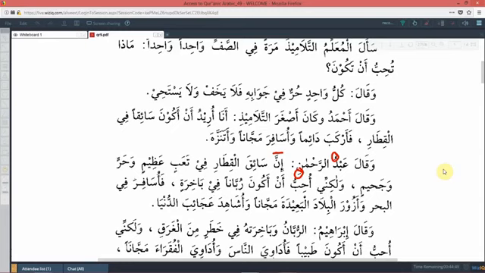Inna sa'iq al-qitar. Indeed, the driver of the train, mudaf ilayh, majroor. The driver of the train, fi ta'abin azimin. He is in fi ta'abin. He is in like a lot of work. Ta'ab, like a tiring work, right? He's always at work, tiring.